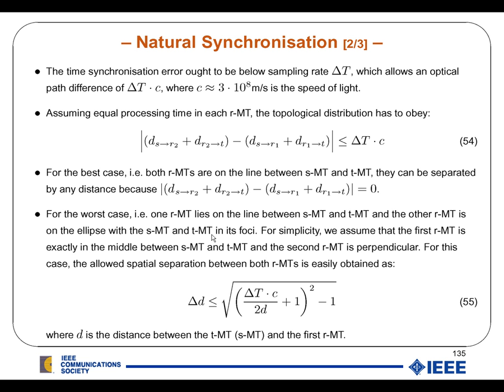In fact, this is exactly what you do using these equations here, and you end up with equation 55, which tells you delta d has to be smaller than this expression here, where delta t is the sampling time or the chip rate, C is the speed of light, D is the distance between the target, the source, and the first relay mobile terminal.